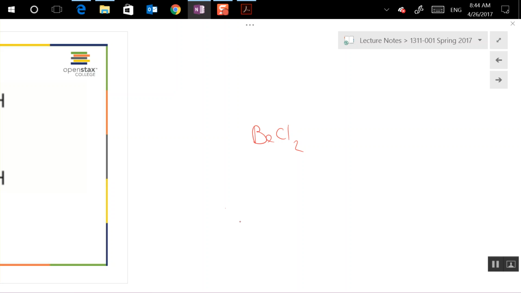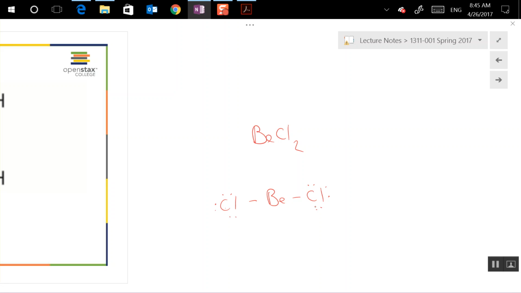You cannot put 8 on boron. You can only put how many? It has 3 valence electrons, so that means you can only have 6 electrons around it. Okay? So Be, Cl, Cl. Okay, this has 16 electrons in it. That's my structure. Okay?